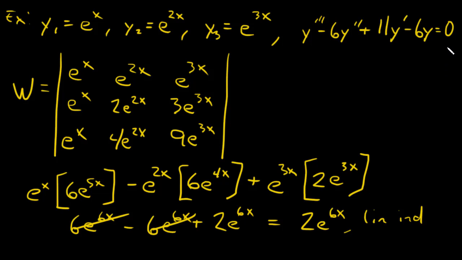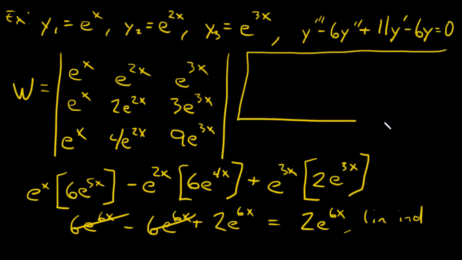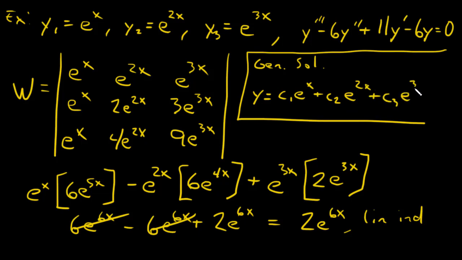So, box off right here since I ran out of room down there. The general solution is y equals c1 e to the x plus c2 e to the 2x plus c3 e to the 3x. Boom. That's the general solution to that system.